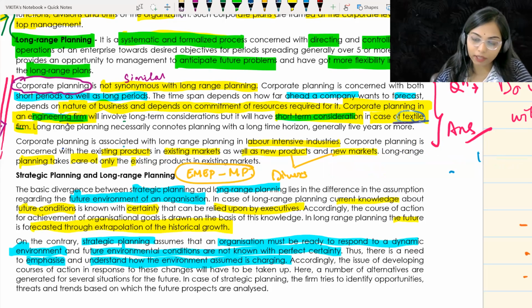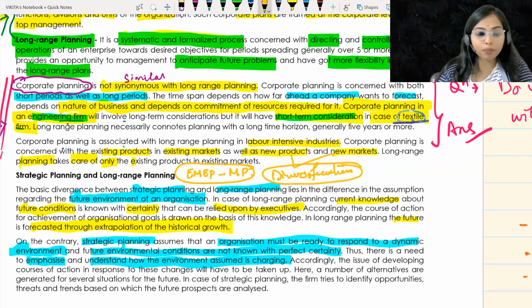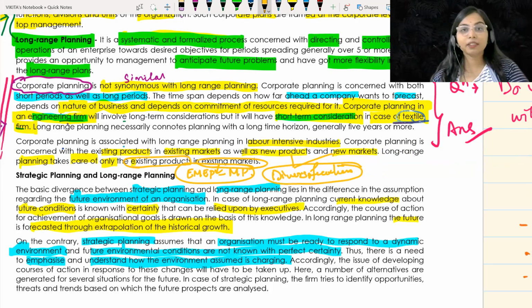I hope you are understanding that this is the strategy which we have read. But long range planning takes care of existing products in the existing market only, that is market penetration. Got it?